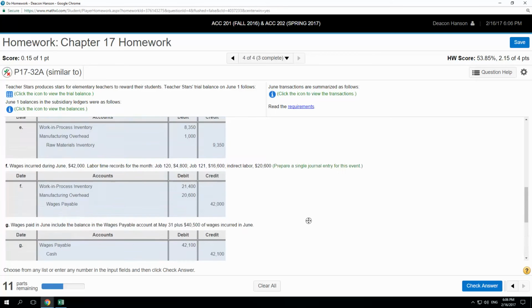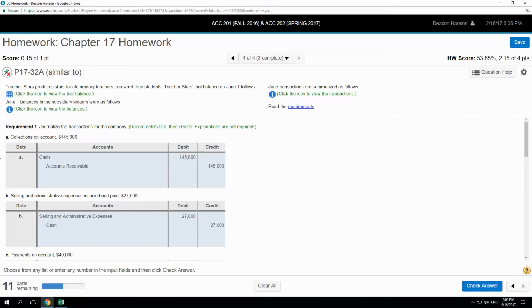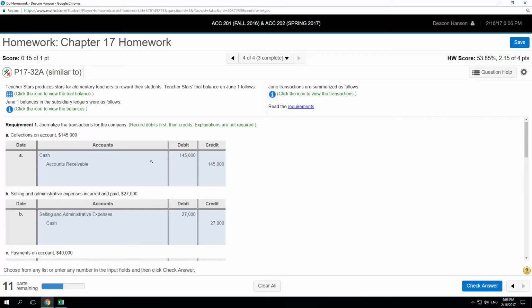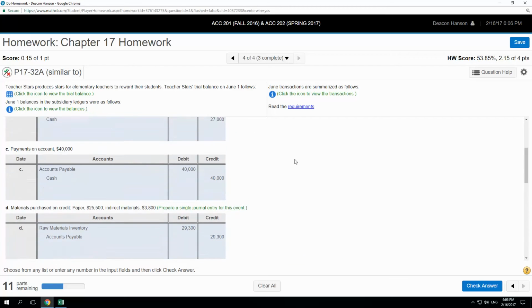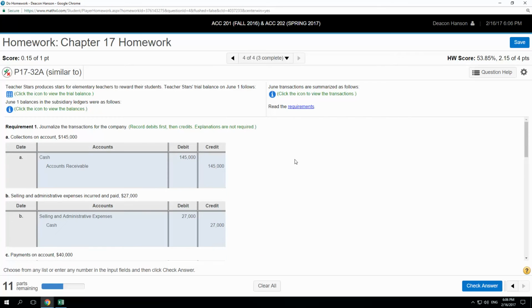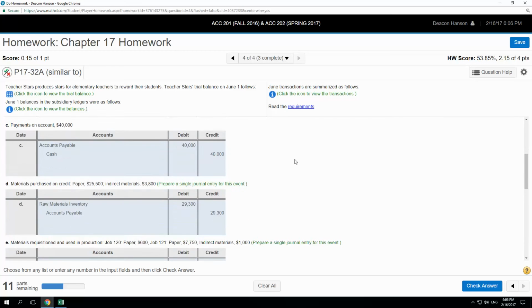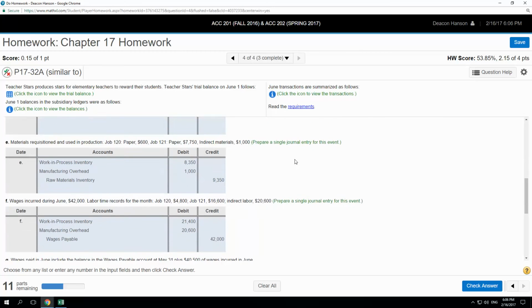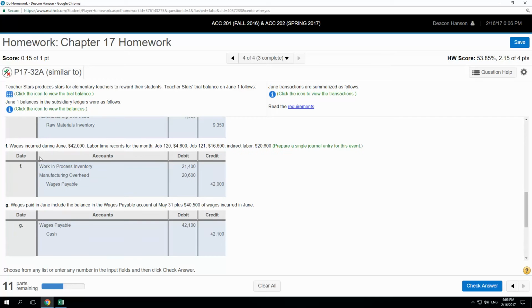So what we have to do is go figure out what our direct labor costs were. And I think we can look at journal entry letter F, okay? And our direct labor would be the amount that we booked directly to work in process. So that's 21,400.